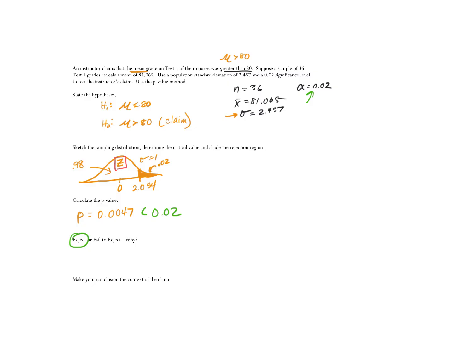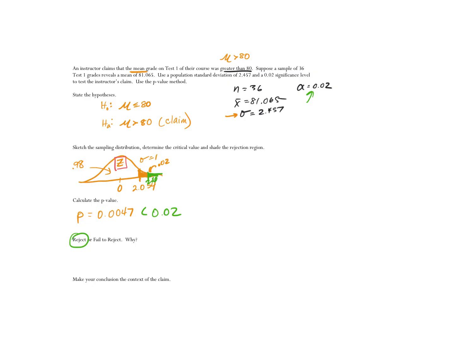Now, what the p-value really does, it says, hey, my sample, so if this were my sample at 2.6, which is the z-score of my sample, my test statistic, that p-value is basically the probability you get that sample, assuming that the null hypothesis is the true hypothesis.